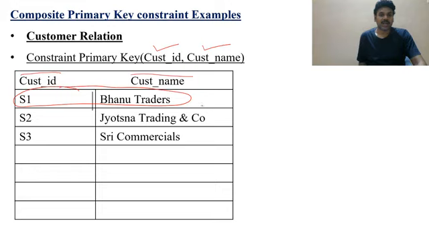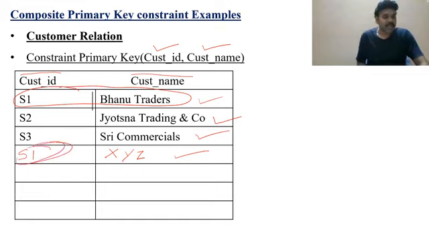So S1 and Bono Traders is valid, S2 and Jesner Traders is valid, S3 and Sri Commercials is valid. If I am writing S1 and XYZ, this is also valid. You may get a doubt why it is valid as S1 is a duplicate. Don't think that S1 is a duplicate. Why?